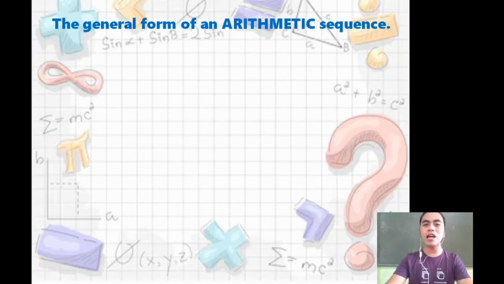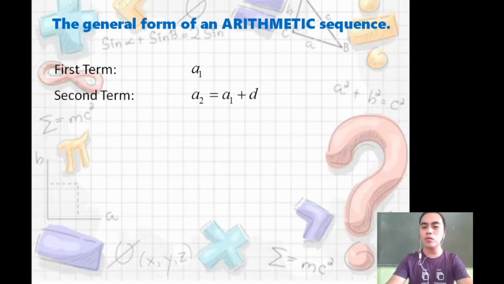So, here is the general form of an arithmetic sequence. The first term is denoted by a sub 1. The second term is denoted by a sub 2, which is equal to a sub 1 plus d. The third term is a sub 3 equal to a sub 1 plus 2 times the common difference.